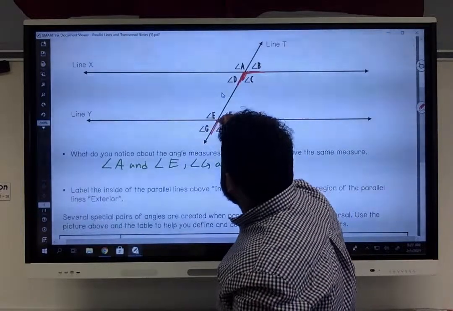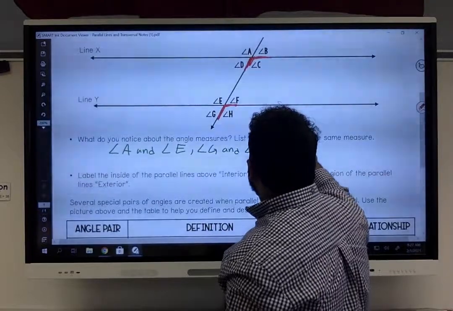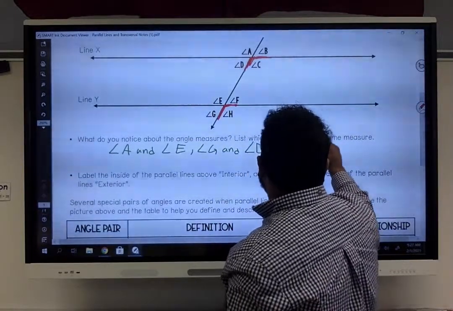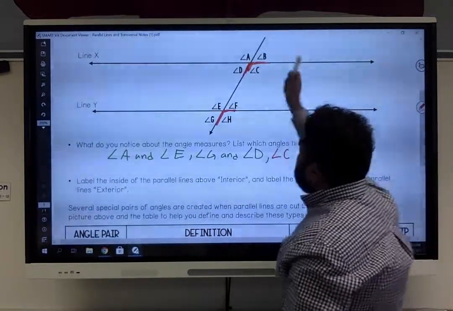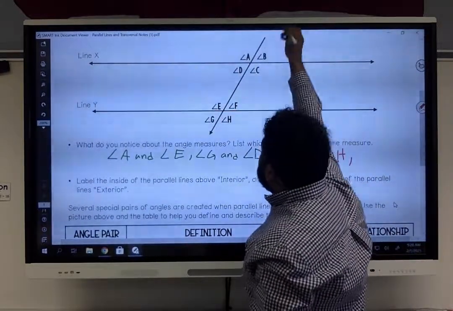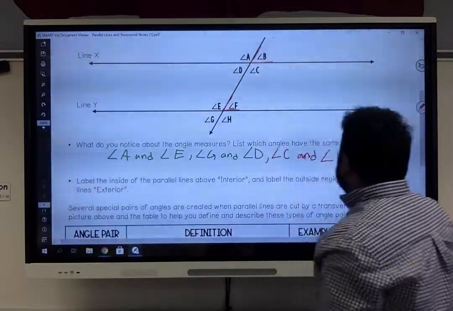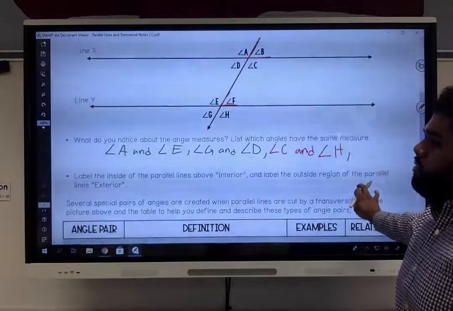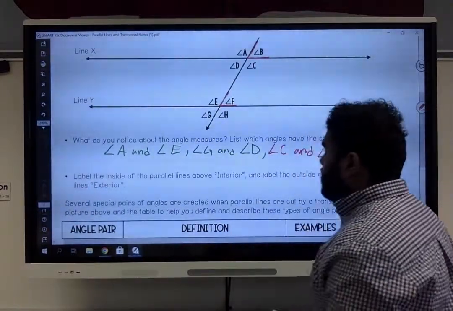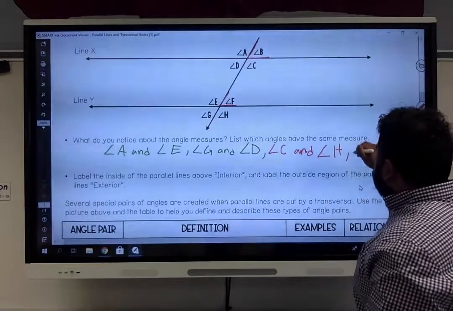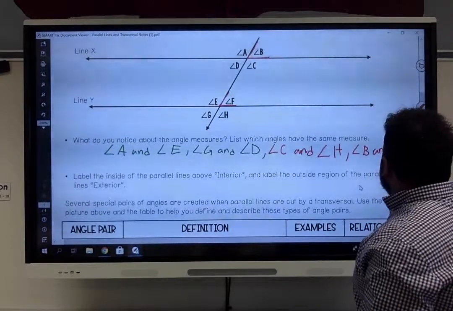These angles are the exact same: C and angle H, and then we're left with angle B and angle F. Those are all the exact same angle. It doesn't matter what the angle was, if it was 80 degrees, 90, 180, whatever, it would be the exact same. So angle B and angle F.